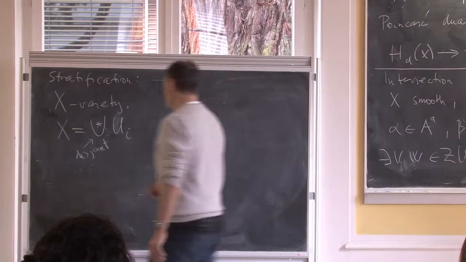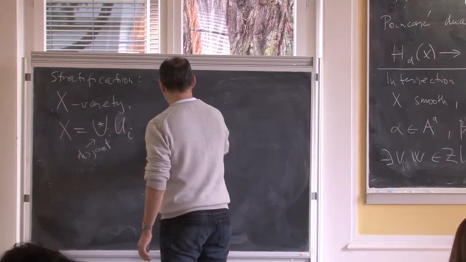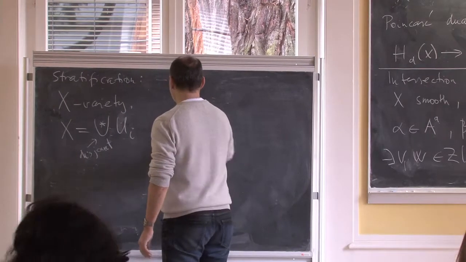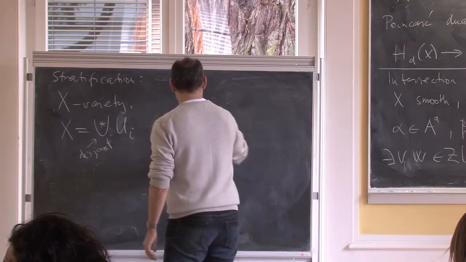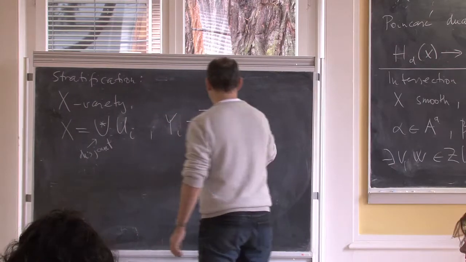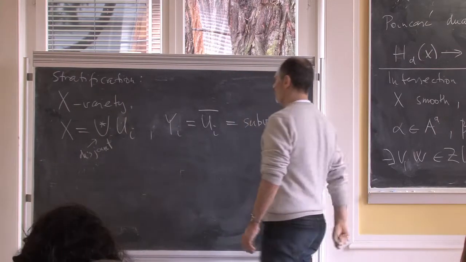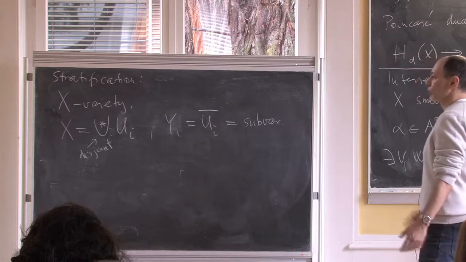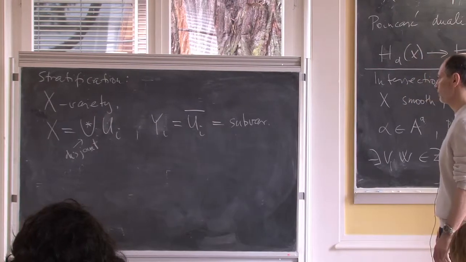Let me introduce the notation already: let Y_i be just the closure of U_i. And these are actual subvarieties, because the closure in the Zariski topology is closed, and closed means it's a subvariety.